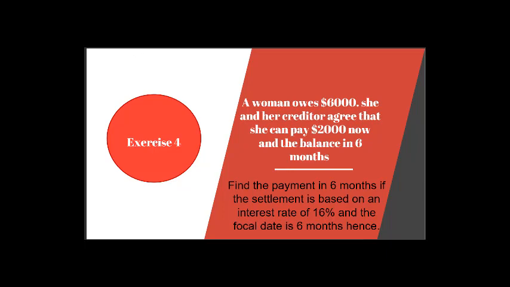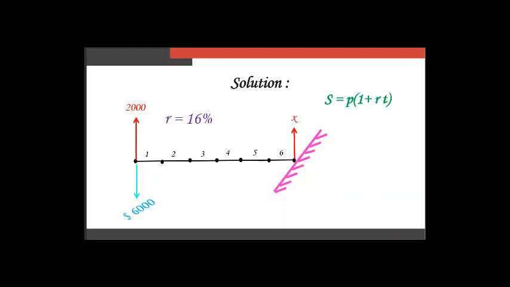At the beginning, we must draw the timeline or time diagram. The old obligation equals $6,000. She pays $2,000 now, immediately, and we need to get the balance after 6 months.